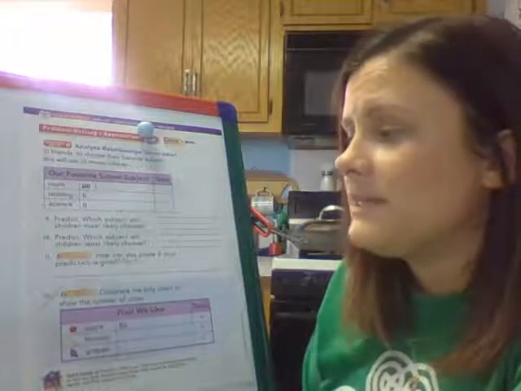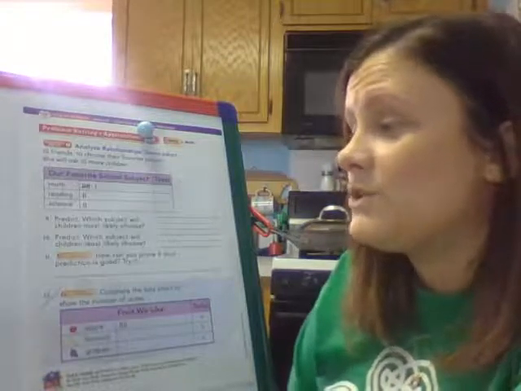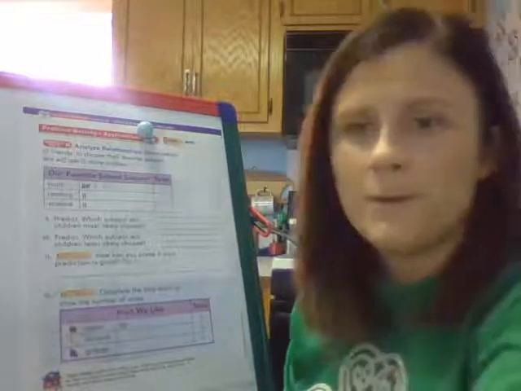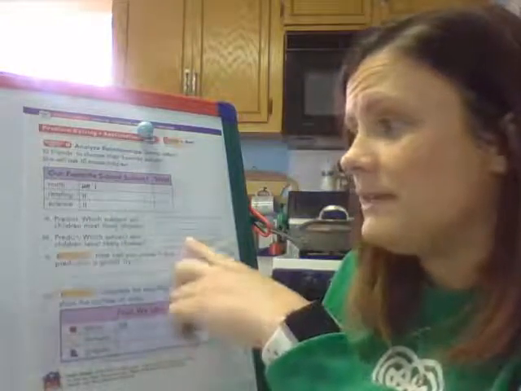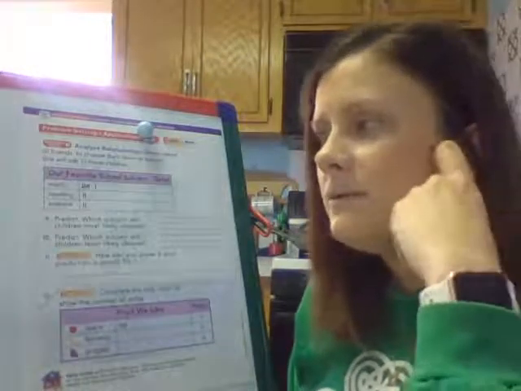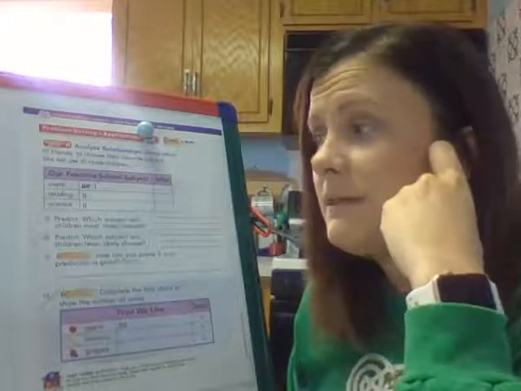Number 10 says, predict which subject will children least likely choose. Now, this one's a little trickier because I notice that my lower subjects have the same number. So for that one, you get to make a guess. Maybe you use your own thinking for that. But what do you think might be least likely to be chosen between math, reading, and science?